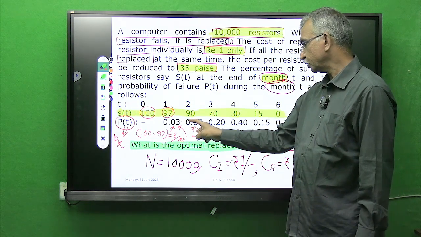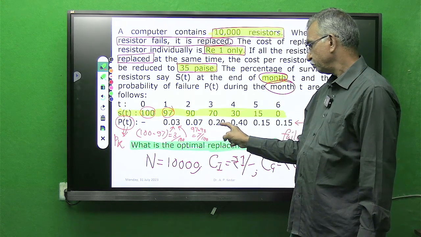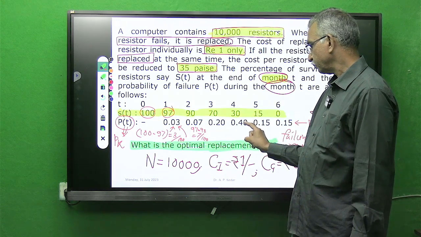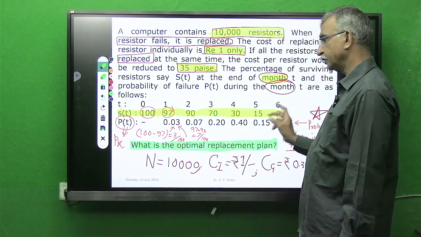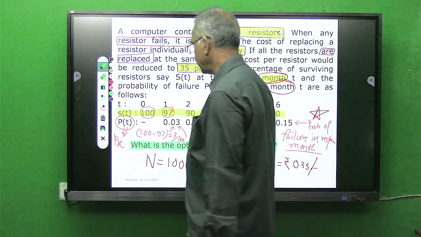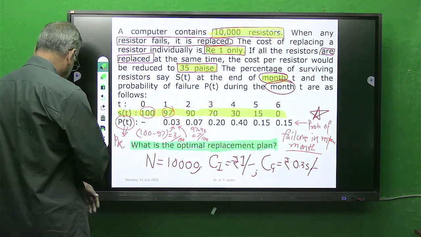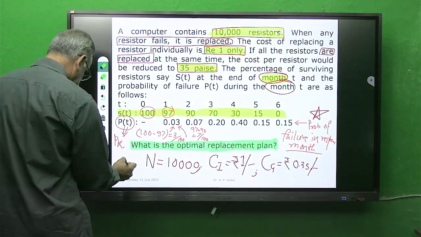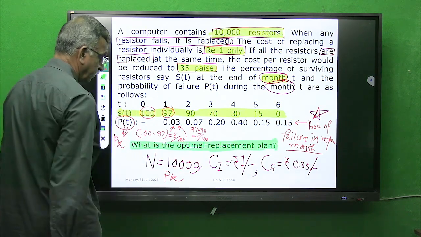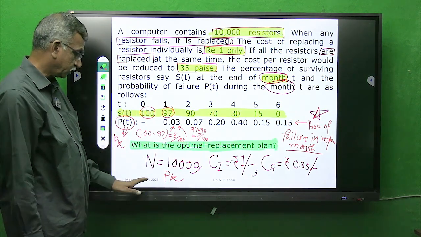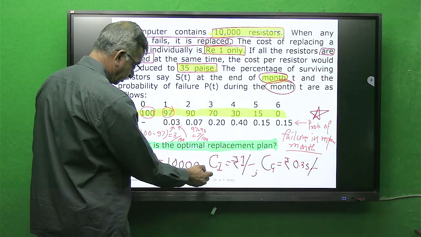So 0.03, 0.07, 0.1, 0.3, 0.7, 0.85 and 1. Yes, the total is 1. Now we have evaluated the required parameter for the problem, and that is Pk.